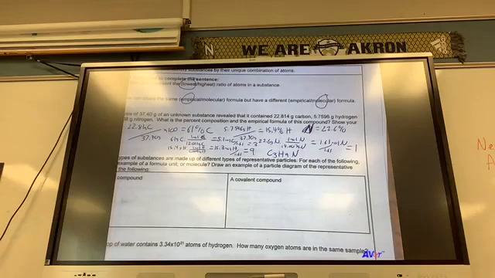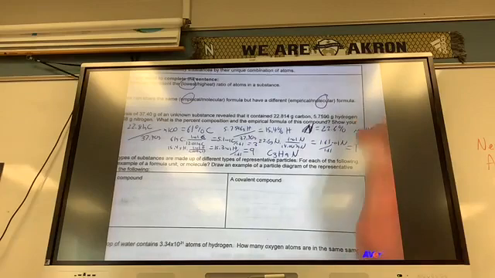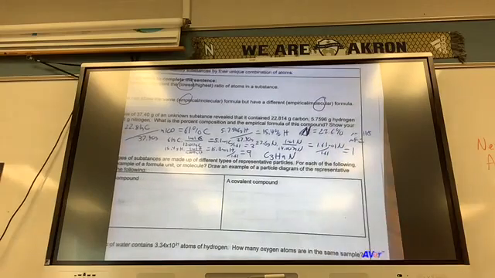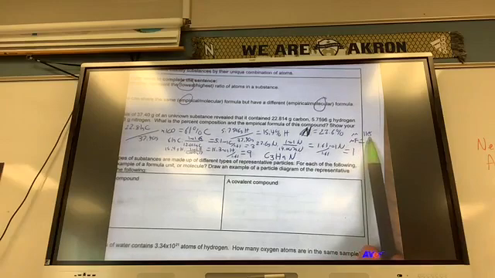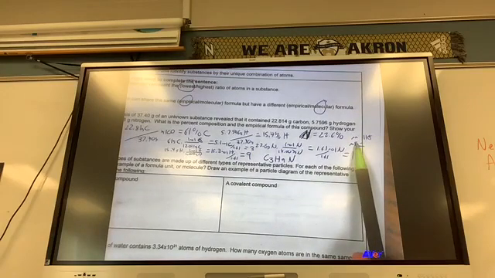If the molar mass of the substance was 118, what would the molecular formula be? The molecular formula is the unreduced empirical formula.